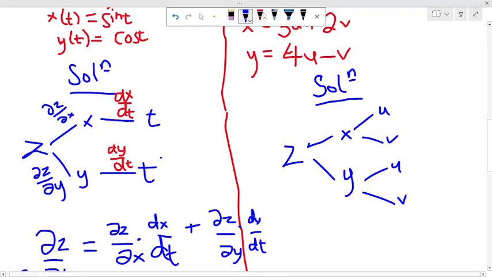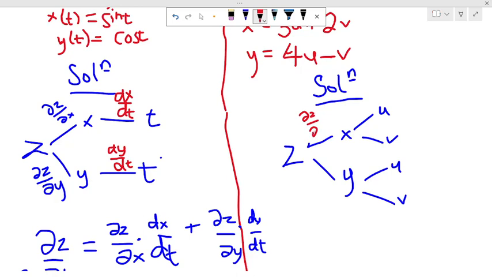So now let's write our expressions. From z to x becomes a partial derivative. Why? Because our z is dependent on x and y. That's two independent variables.